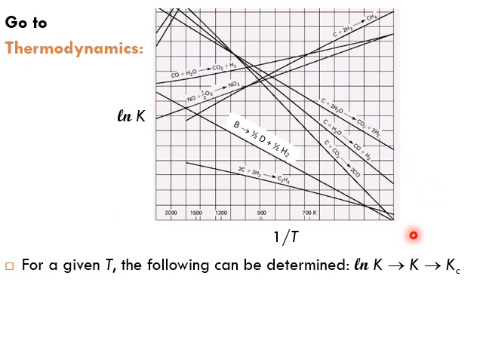The first thing we need to know is the temperature of the system, so that we can calculate 1 over T. For a given value of 1 over T, we can go to that value, for example here, go all the way to the curve, to the straight line, and then read the value of ln K. Once we find the value of ln K, we can calculate the value of K, and then of course there are relationships between K and Kc, which are found in the thermodynamics review.